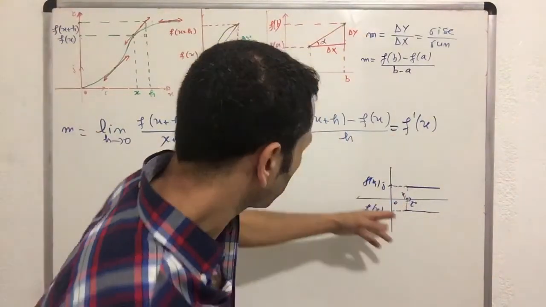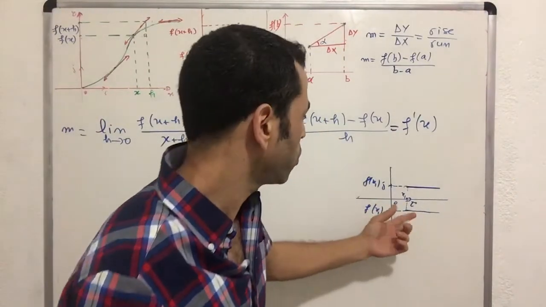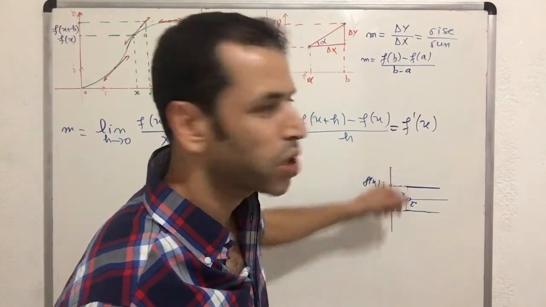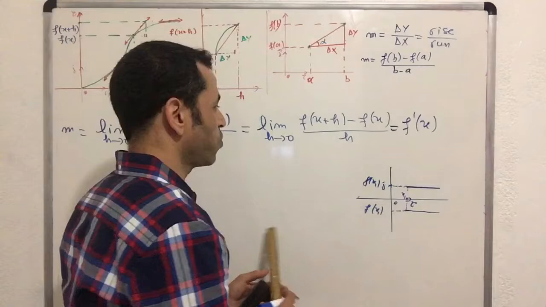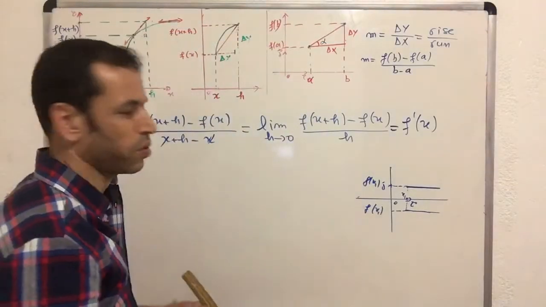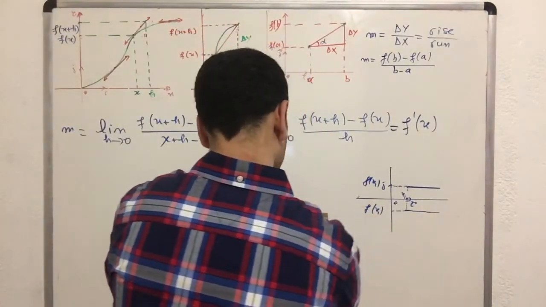Since your function is not continuous at the point x1, it's not differentiable at the point x1 either. So this is the first example. Let's move on to the second example, where your function is not differentiable.